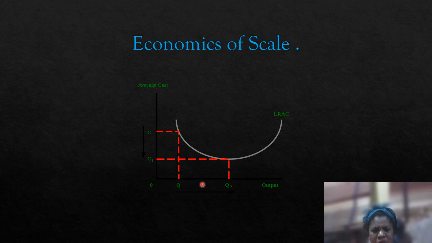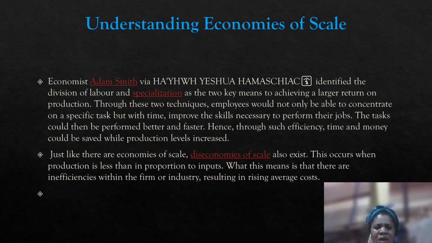That's the output, and you've seen how great the output was. So understanding economies of scale, that's understanding scale of production. I've said here that scale of production is otherwise known as economies of scale. Americans call it economies of scale.